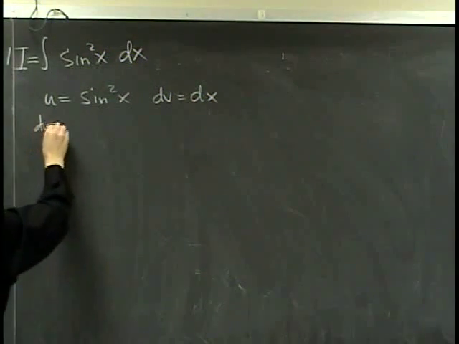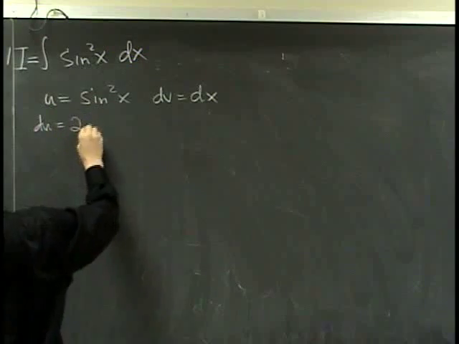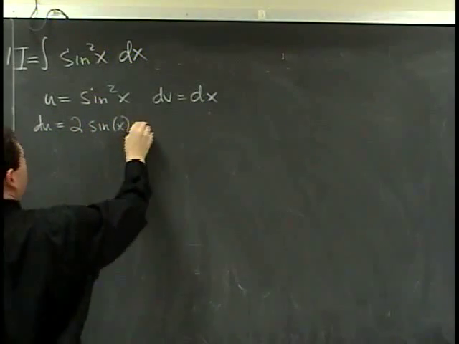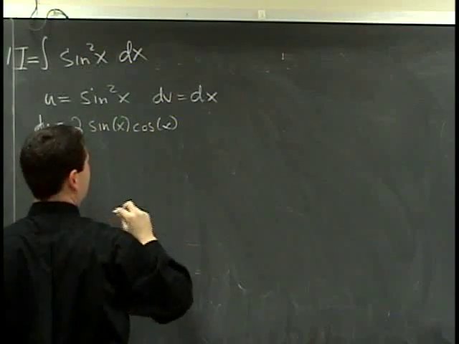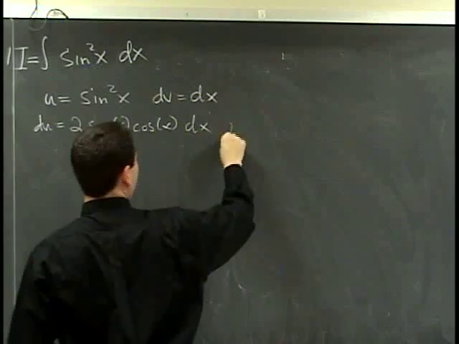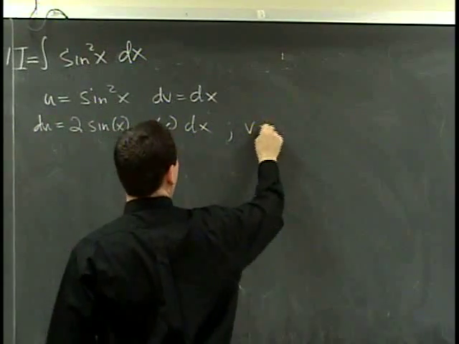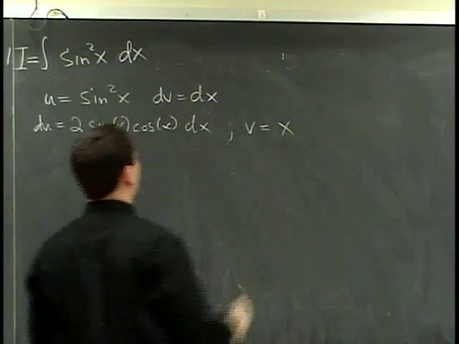So du is going to be what? It's going to be 2 sine x cosine x times dx. And what about v? If dv is dx, then v equals x.